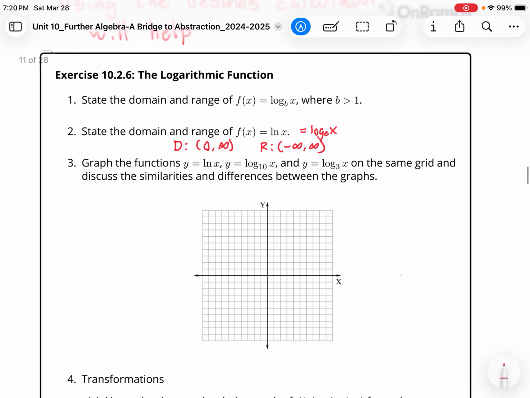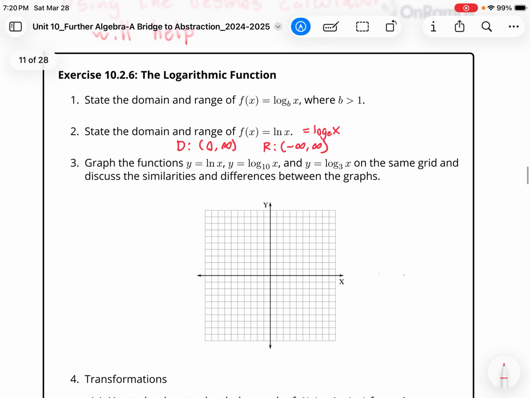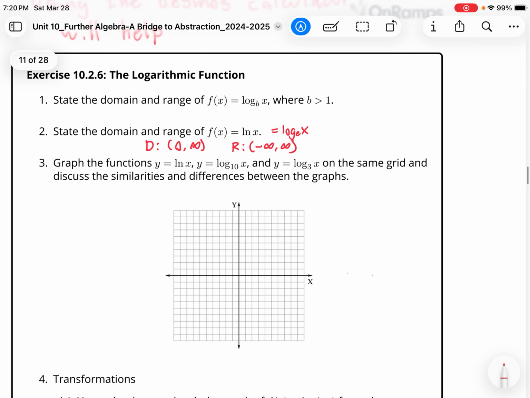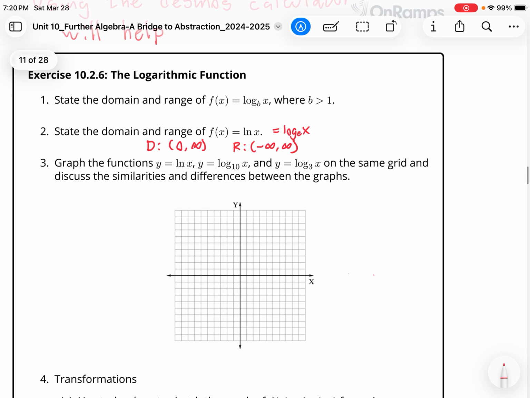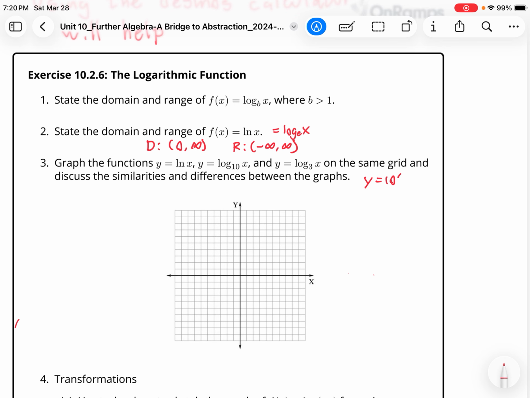Now if I graph the following functions, I'm going to talk about how to graph them, all right? But essentially, when you have, for example, log base 10 of x, what I would do is start off by saying, okay, instead of coming up with points for the log base 10, I'm going to come up with points for the inverse, which is 10 to the power of x.